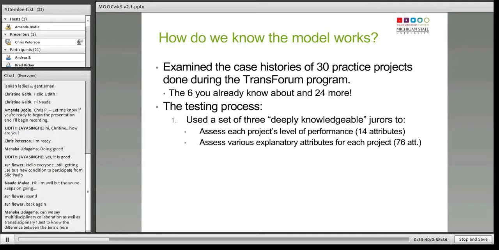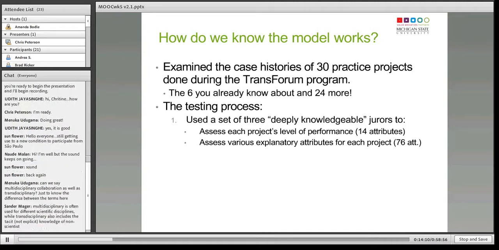And then we did an assessment of each project's level of performance, and we had 14 attributes that I'll share here briefly. And then we assessed various explanatory attributes for each of the projects, and there were actually a total of 76 of those. And I know this sounds like a lot of attributes, but we are attempting to use this idea of case-based research where we had information from the 30 projects to at least come to some preliminary conclusions about what made sense in terms of explaining this performance.